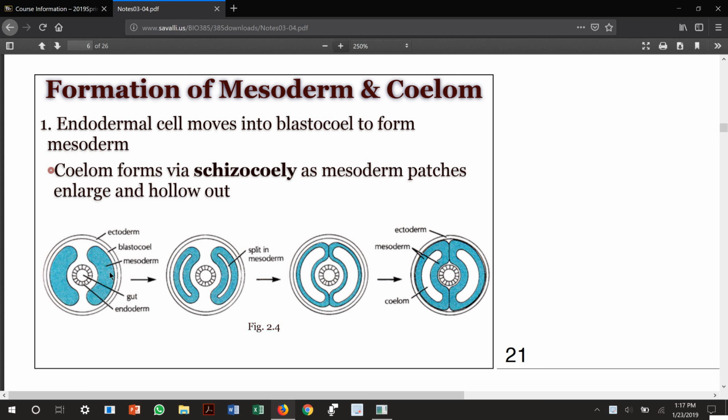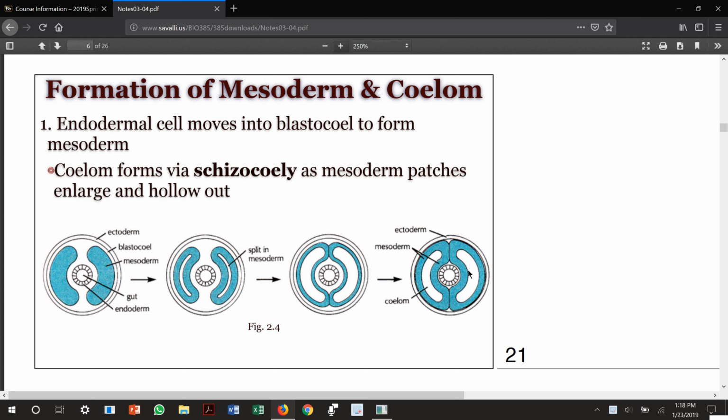In animals where the cells basically just split off the endoderm and move into the space, the mesoderm expands and eventually it just splits. And that split in the mesoderm forms an internal cavity that becomes a true coelom here. So this is a true coelom, formed by the split. And notice that the space here, the white space that used to be part of the blastocoel, eventually gets squeezed out and eliminated by the mesoderm.